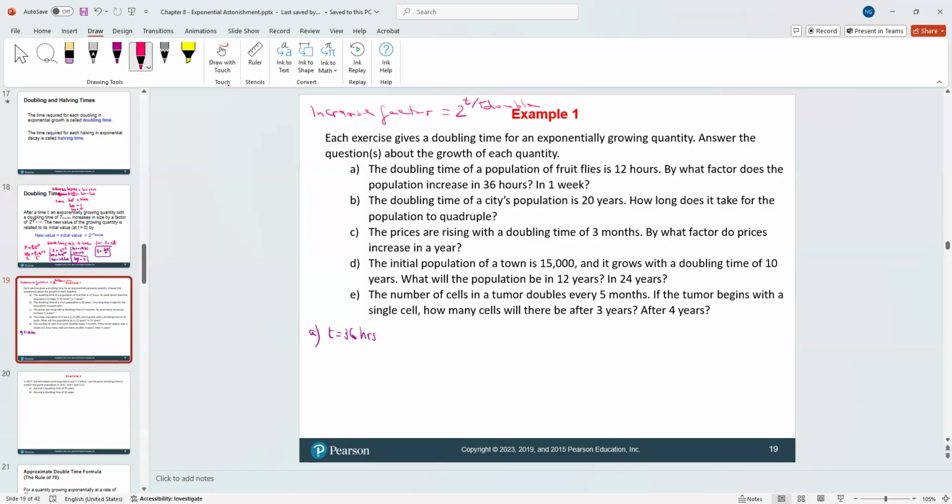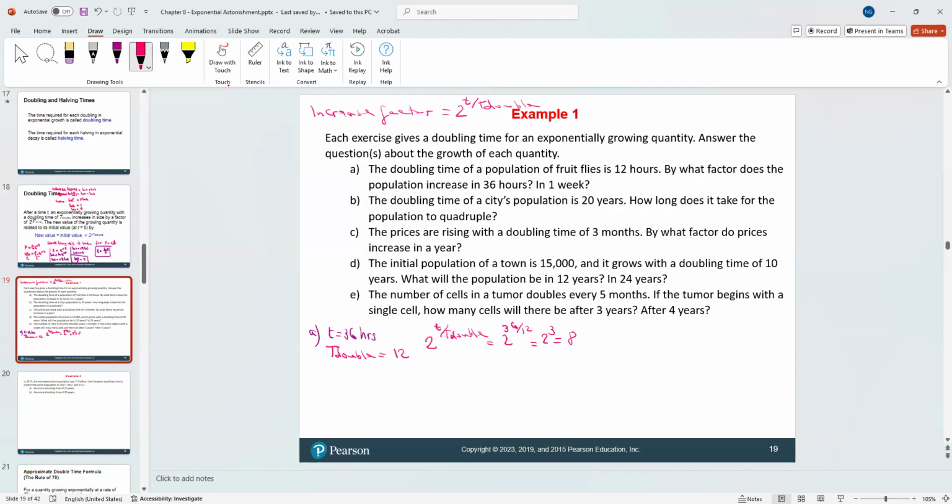So capital T double is 12 hours. That factor would be 2 to the power T over capital T double. So that would be 2 to the power 36 over 12. What is 2 to the power 36 over 12? It would be 2 to the power 3, which equals 8.